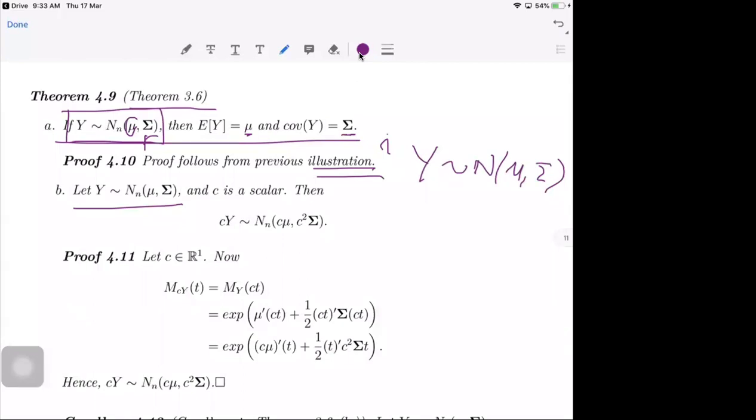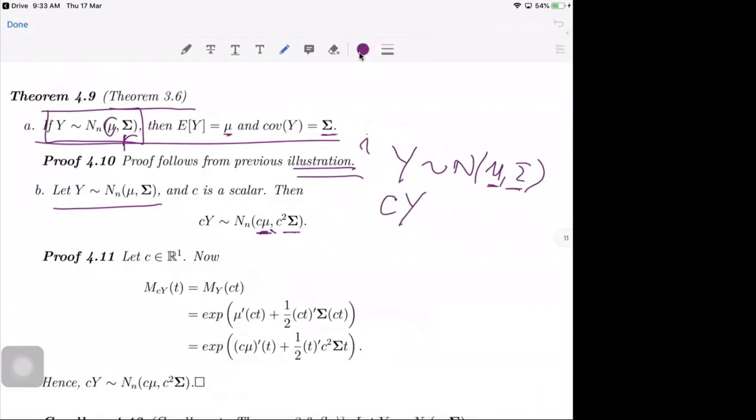The first transformation that we can do is when we pre-multiply y by a scalar c. So what will happen to the parameters mu and sigma? This theorem tells you that it becomes c mu and c squared sigma. When we say c is scalar, it is an element of R1.